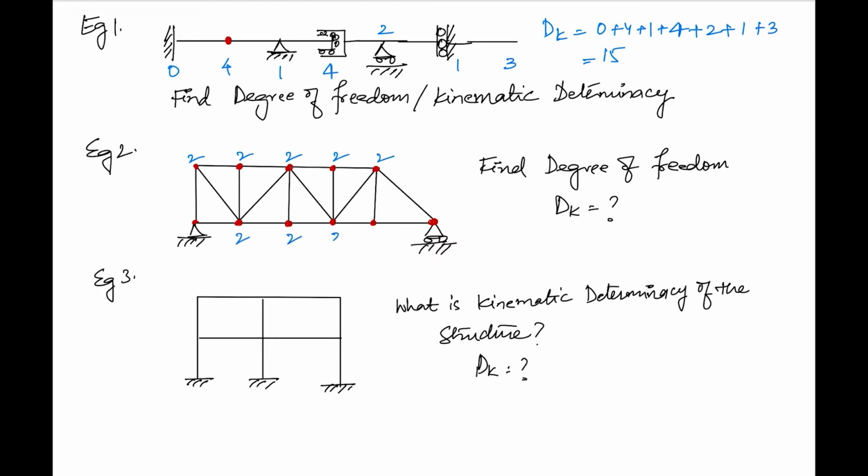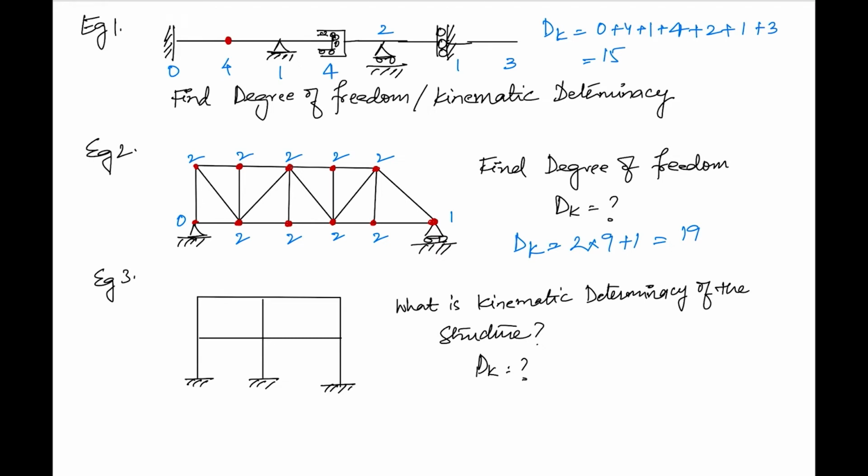For each of these joints the degree of freedom is 2. For roller support we saw the degree of freedom was 2, but for trusses it becomes 1. Similarly for hinge support, in trusses the degree of freedom becomes 0. So the degree of freedom is 2 into 9 plus 1, that is, the degree of freedom is 19.